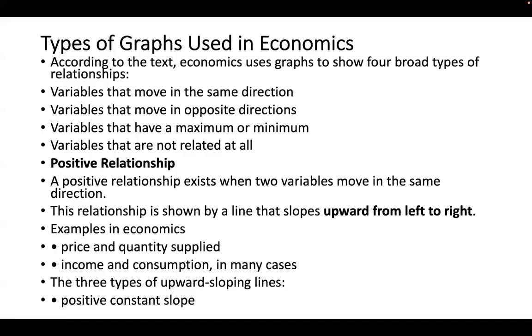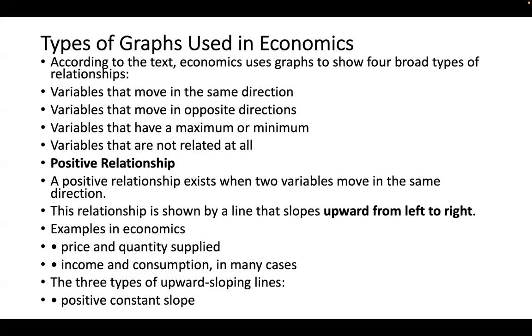An example of such relationship is price and quantity supplied. So when price increases, quantity supplied also increases. Income and consumption. When your disposable income increases, your consumption level also increases. So it has a positive slope relationship.